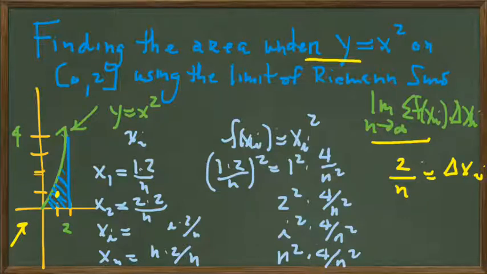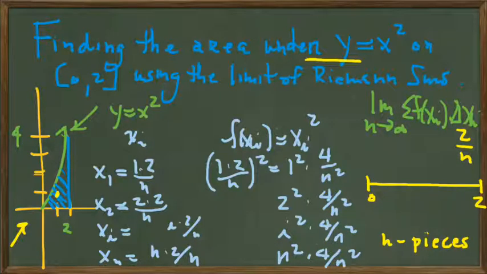So the x sub i's, what this means is we're taking the interval 0 to 2. So let's show that here. Here's 0, here's 2, and we're dividing it into n pieces.